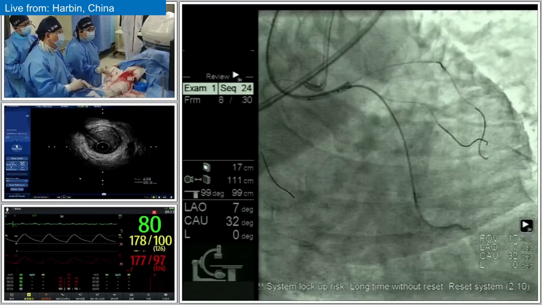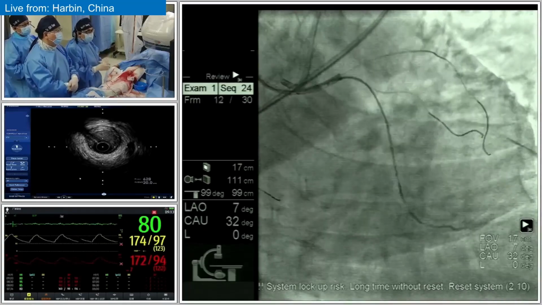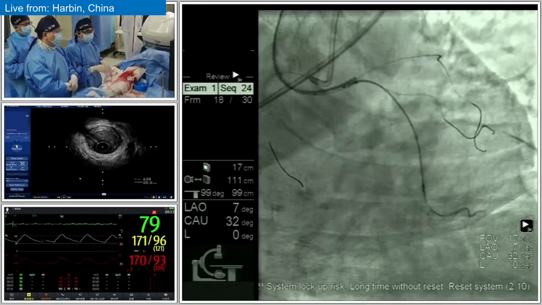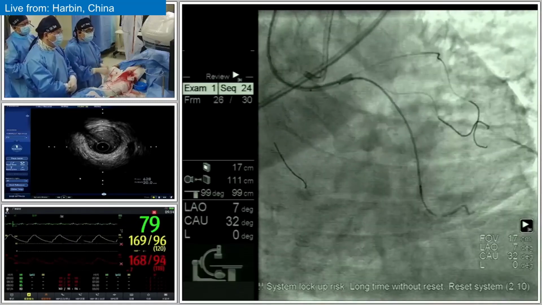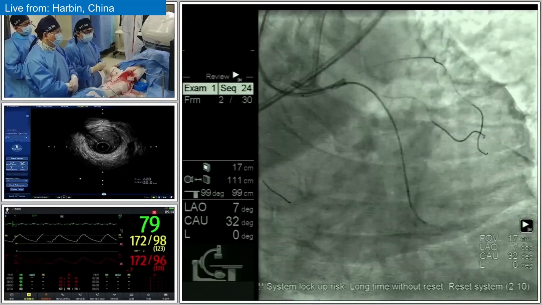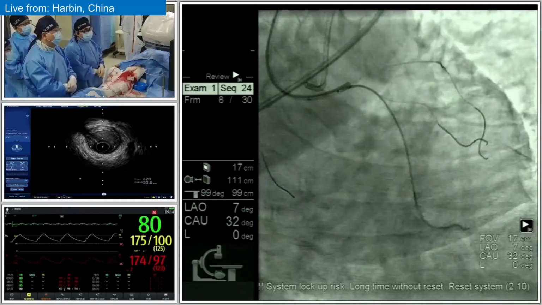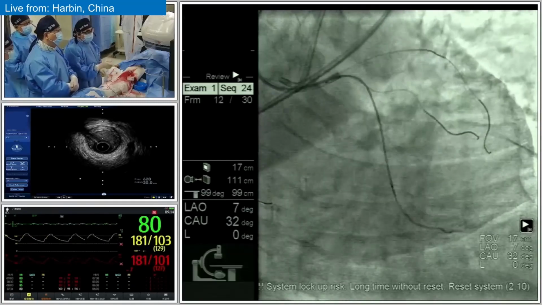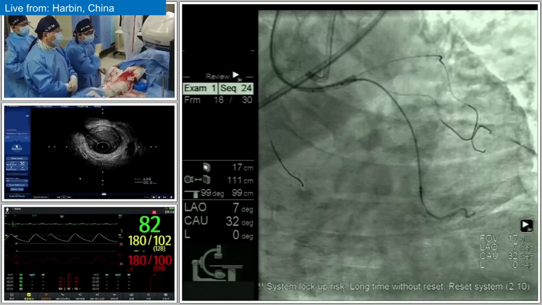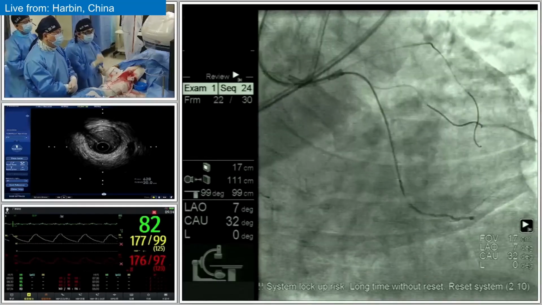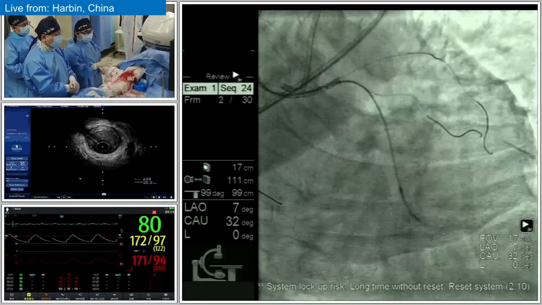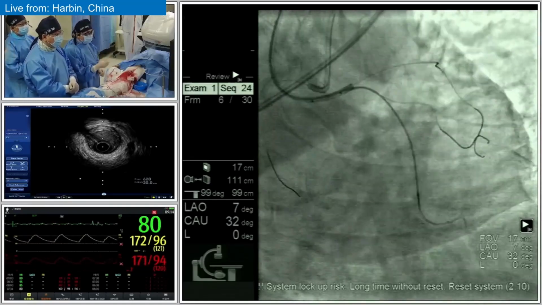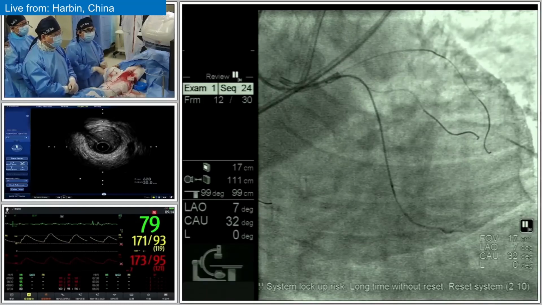For this case, after confirmation, we found the wire located in the distal true lumen. Then we advanced the micro catheter to the distal segment and performed tip injection to confirm the true lumen again.